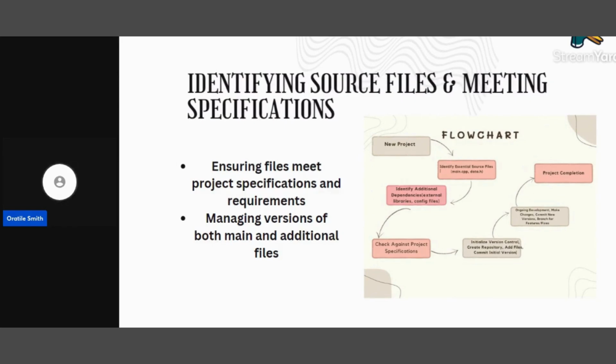In the flowchart, you can see that we started the project. We then identified essential source files. We identified additional dependencies like external libraries and config files. We checked against project specifications, initialized version control, created repositories, added files, and committed our initial version.